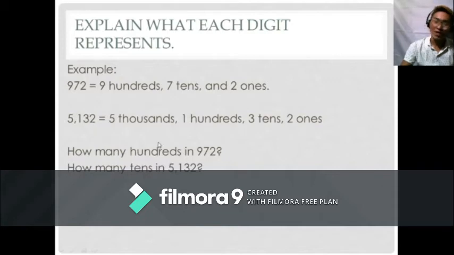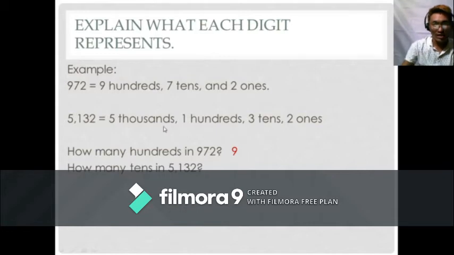Okay, next, if we are to question. Now, what if we have 972? How many hundreds in 972? That is first. Okay, now the second is how many tens in 5132? Now, let us answer the first question. How many hundreds in 972? Okay, did you have an answer, children? Okay, if you got 9, so you got it.